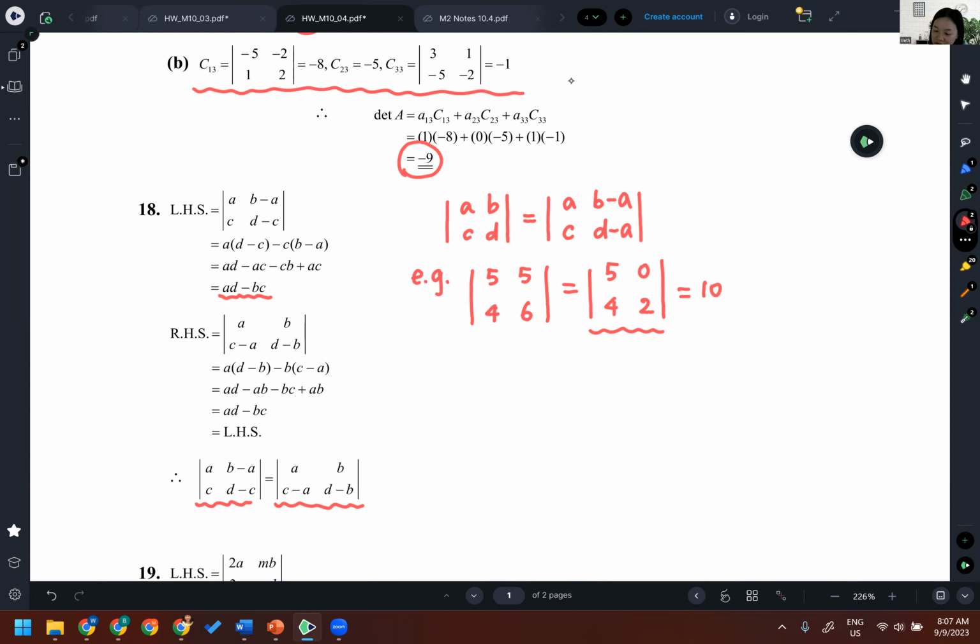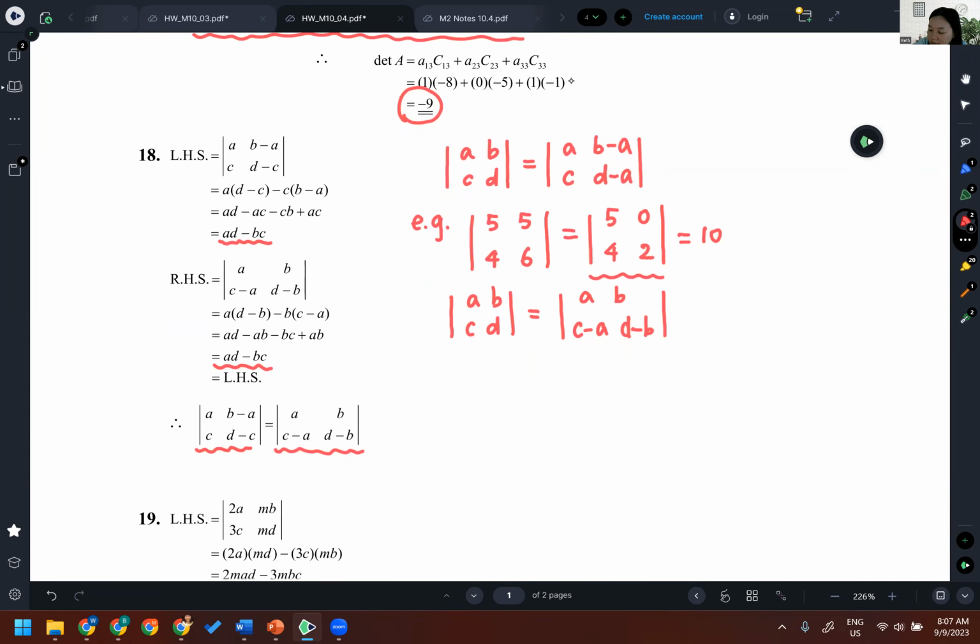Similarly, you see this result, the right-hand side is also equal to AD minus BC. That means we still have this ABCD, the determinant, is equal to, if I keep one of the rows, A, B, and I reduce the second row, which is C minus A, D minus B. An example would be, let's say this is 3, 7.